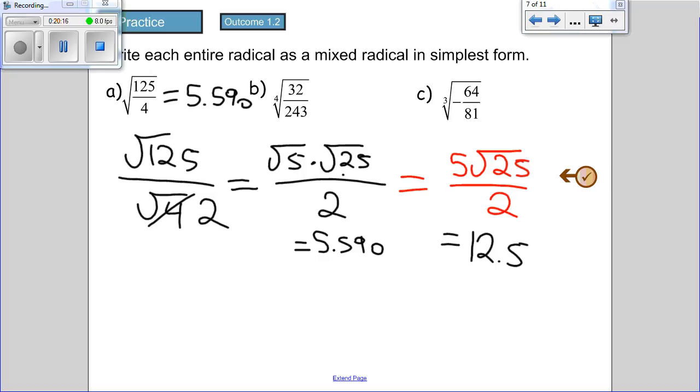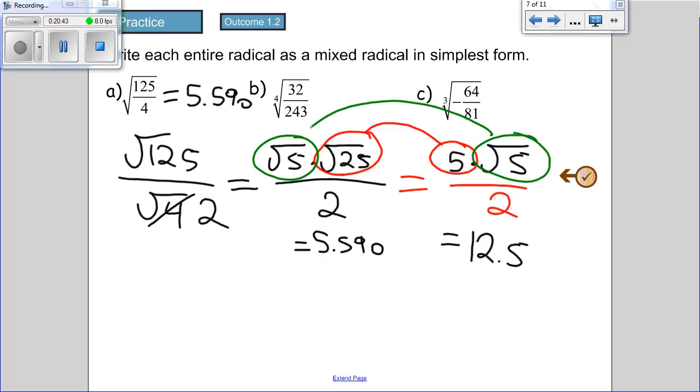So the correct answer would actually be 5 times the root of 5. And the reason for that is this 5 right here, because you can't change it, stays with that 5 over there. Does that make sense? Is that cleared up?